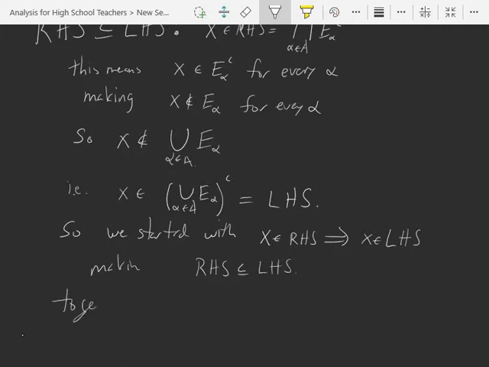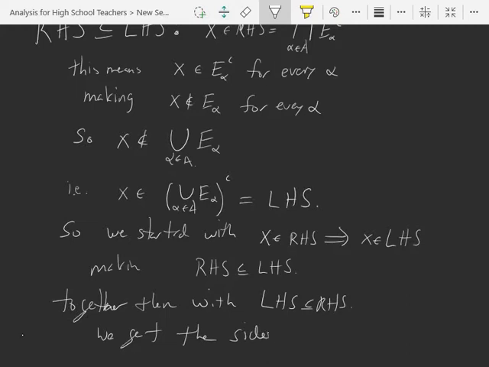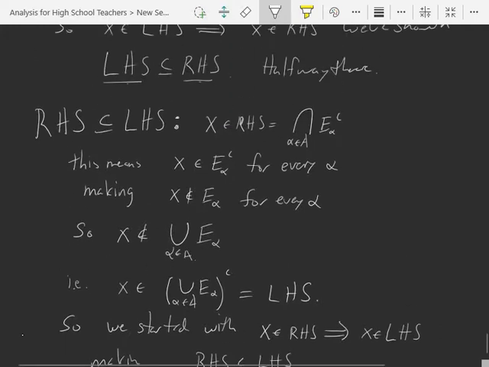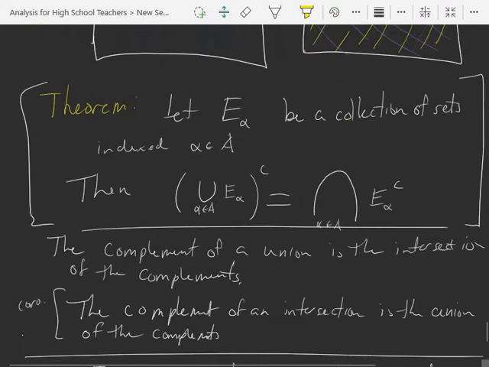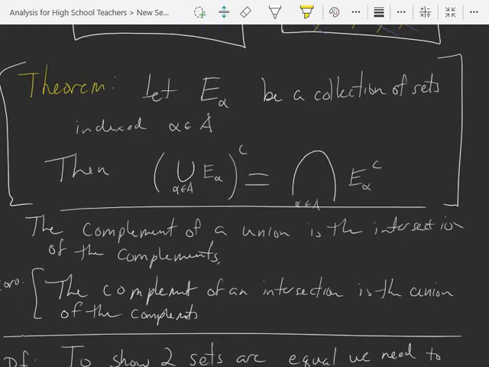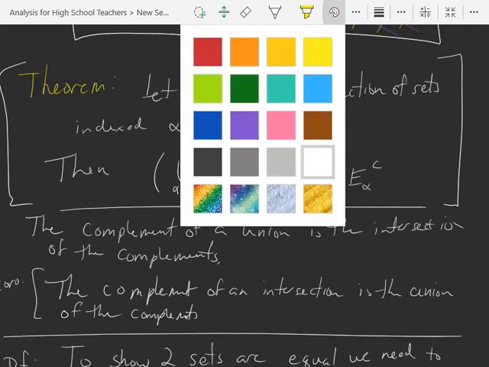Together with the left-hand side being a subset of the right-hand side, we get the sides are equal. And that's our proof of DeMorgan's laws. These are known as DeMorgan's laws. I don't know if I said that, but that theorem, this is DeMorgan's laws.